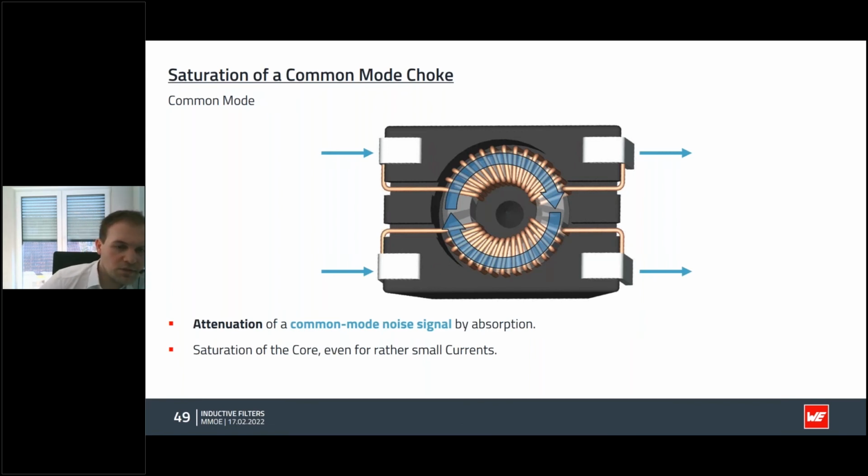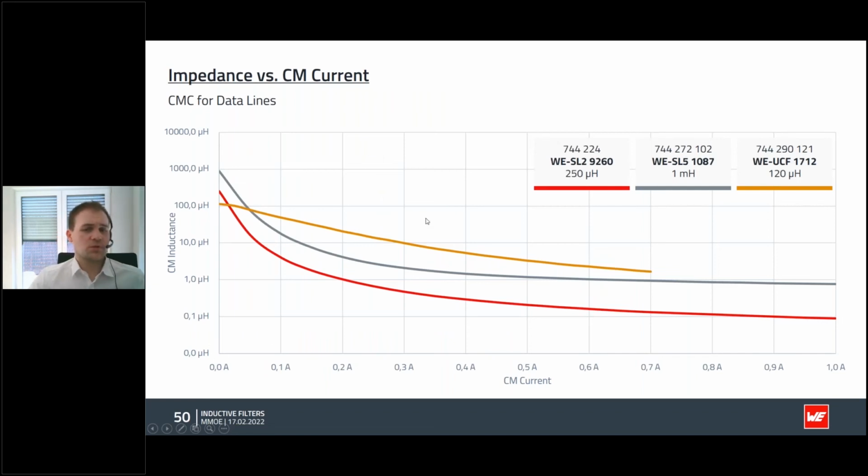However, for the common mode signal, we have to consider that we are magnetizing the core, and we have no air gap in this system. So we can saturate the core pretty quickly, as we can see here for the common mode chokes for data lines.